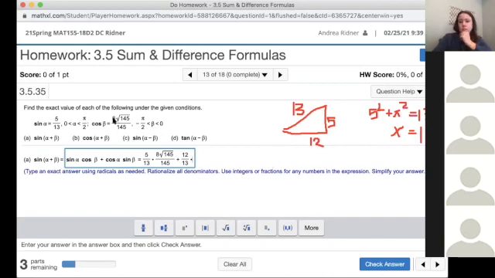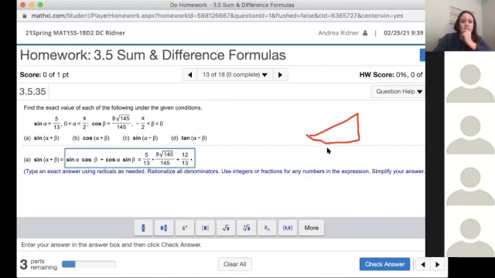And then I would have to do the same thing here. So cosine is adjacent over hypotenuse. Notice that that's just 8 over square root of 45 rationalized.